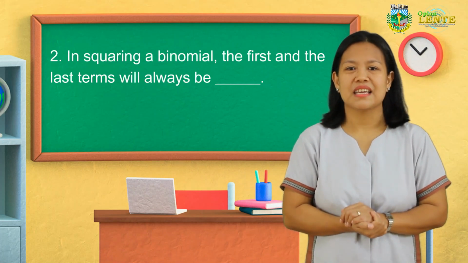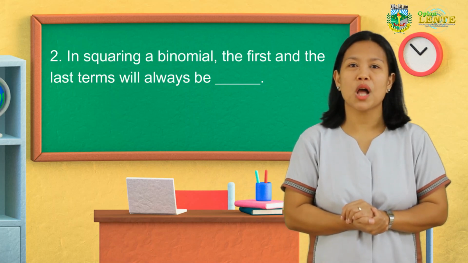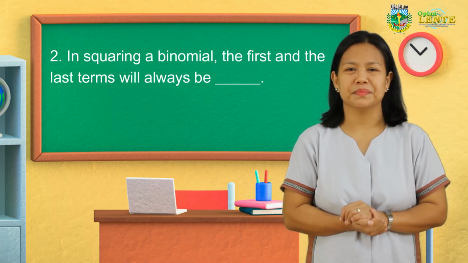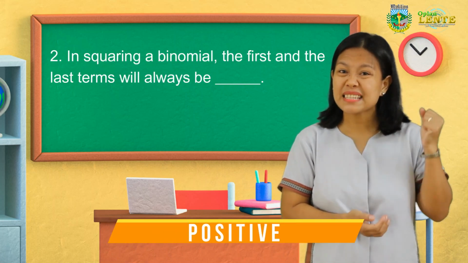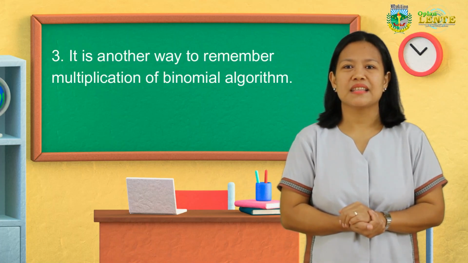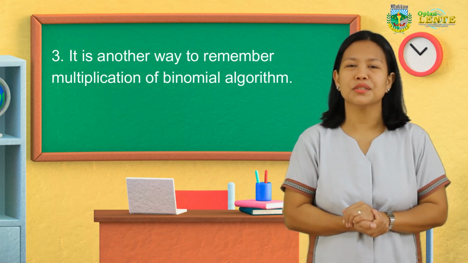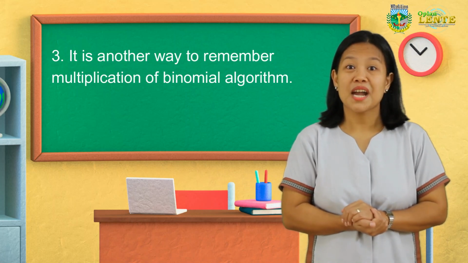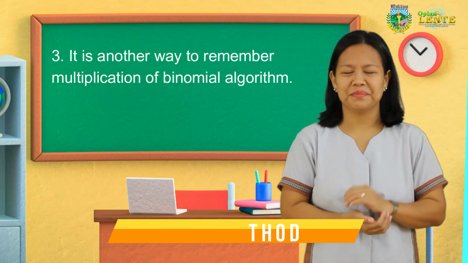Next is, when squaring a binomial, the first and the last terms will always be blank. They will always be positive. That's great! Another one is, it is another way to remember the multiplication of binomial algorithm. Correct! The answer is the FOIL method.